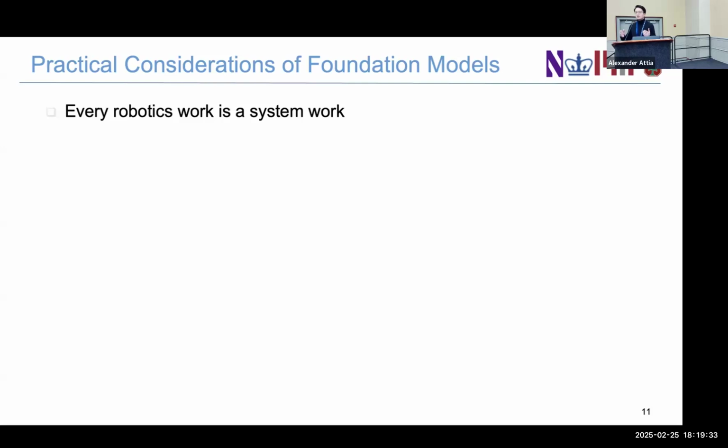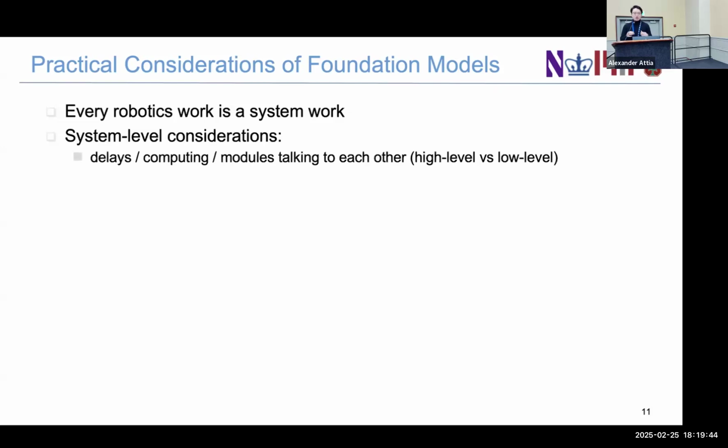You have to handle and consider all different kinds of practical constraints and considerations by moving all different components together for the robot to actually make physical interactions with the environment. There are a lot of considerations like delays, what type of computing, whether you do the computing locally, on the GPU, on the TPU, or in the cloud, and how different modules can work and talk to each other. Some modules might be very good at handling high-level queries. Some modules might be very good at solving low-level interaction tasks.